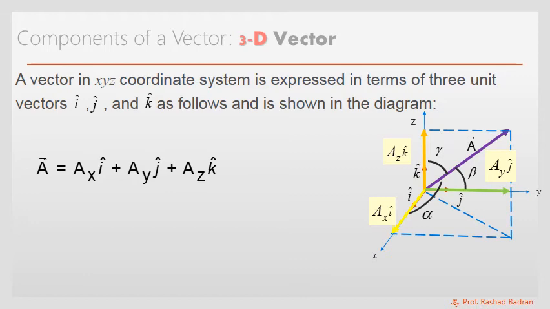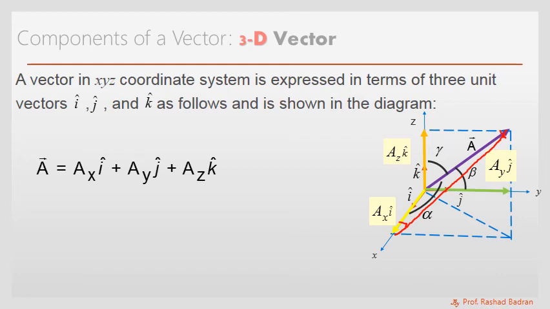Now, how can we determine these angles? Well, you can determine these angles simply by projecting a line from the head of the vector along the x-axis to make a right-angled triangle which has 2 sides, ax and the magnitude of A.